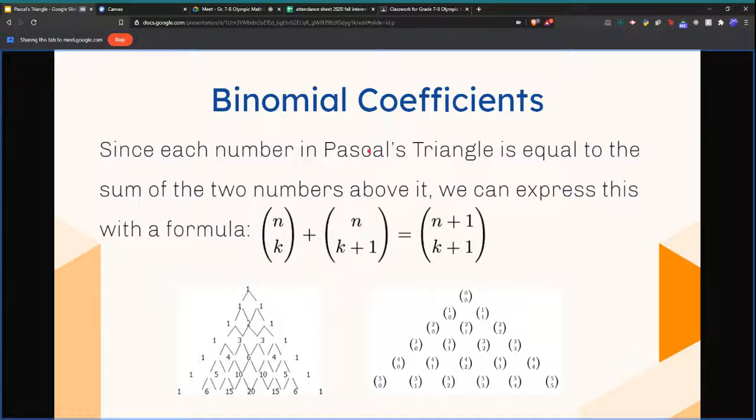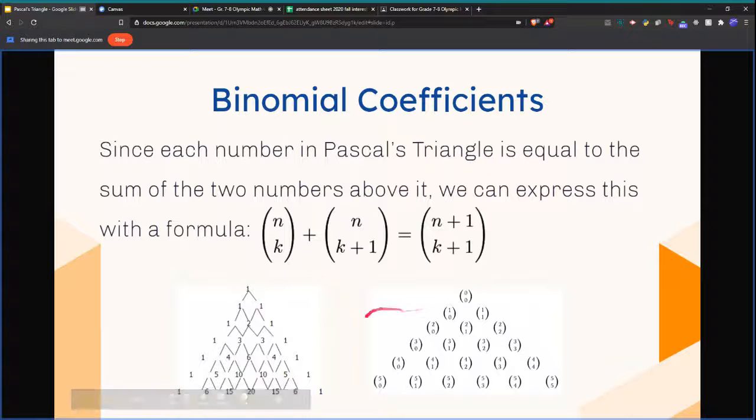And these two expressions added together give you n plus 1 choose k plus 1. So here you're increasing the row number. Remember, two numbers in the same row add up to get the number in the row below. So you're increasing the row number by 1, and you're also increasing the column number by 1.